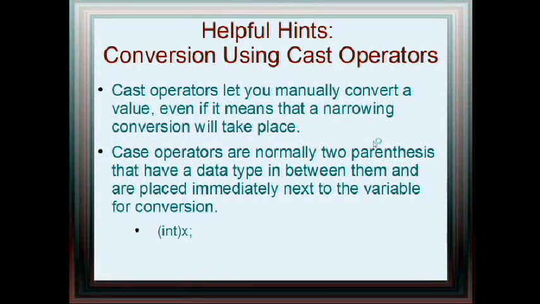Here are more helpful hints when dealing with integer division. Here we have conversion using cast operators. Cast operators let you manually convert a value, even if it means that an error conversion will take place, as we'll see later. Cast operators are normally two parentheses that have a data type in between them and are placed immediately next to the variable for conversion. For instance, here at the bottom, we have int between two parentheses immediately next to a variable x, followed by a semicolon.